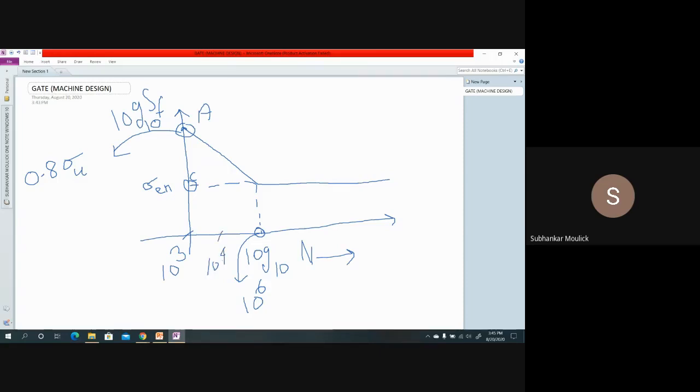What I need to find out? Say this is B. We need to find out that corresponding to this 10 to the power 4 cycle, if I go up, what will be the value of this amplitude stress or this alternating stress. Is it clear?